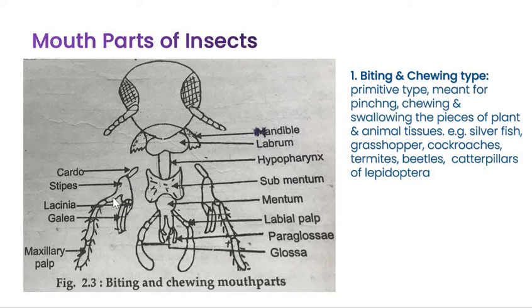And the main function of the maxillary palp is as a tactile organ. Tactile means it gives the taste of the food material. Now this is about the second part, maxillae.